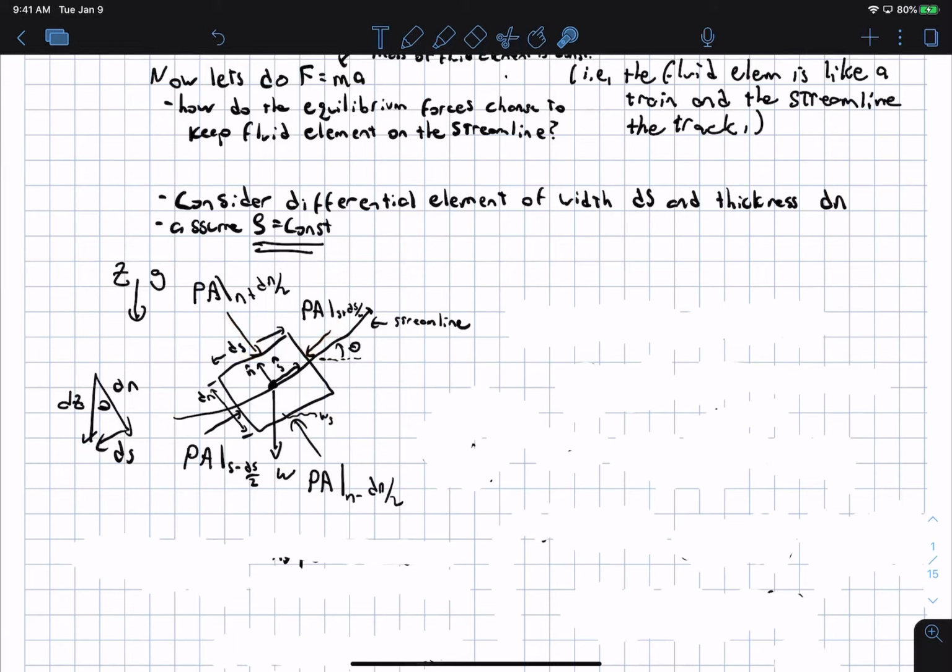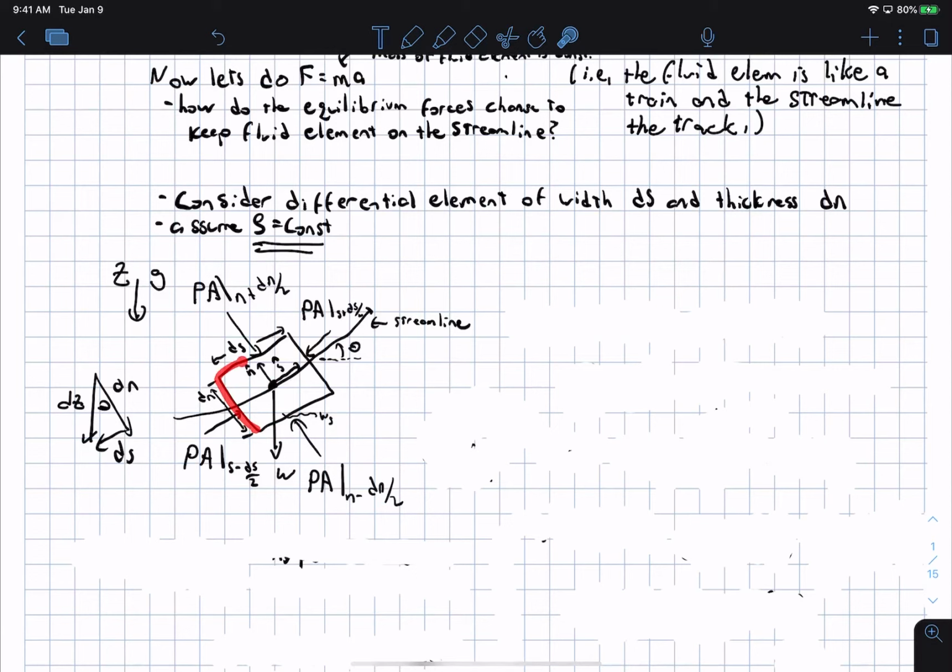And note this notation here with the vertical line and n minus dn over 2: this means it is the pressure acting not at point n, which is right here, but at a distance dn over 2 down from the center of the element.